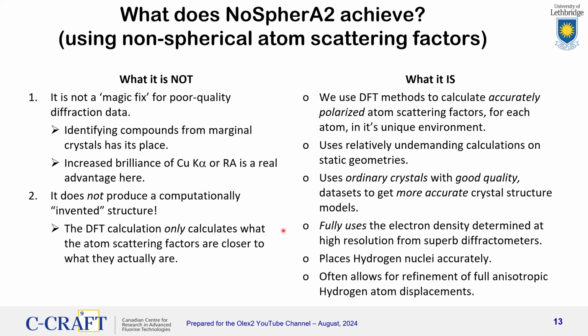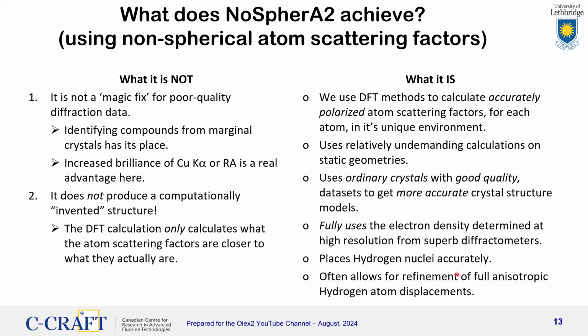All bonds to hydrogen are highly polarized because it doesn't have any core electrons. And so the independent atom model must put the hydrogens in the wrong position. But by allowing for the polarization of that bond in our theory, NoSpherA2 is able to place the hydrogen atoms where they truly are in the molecule.